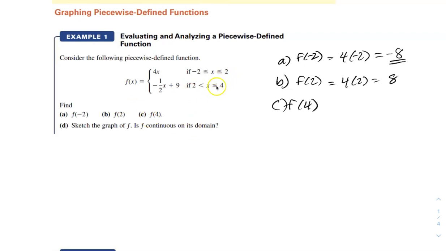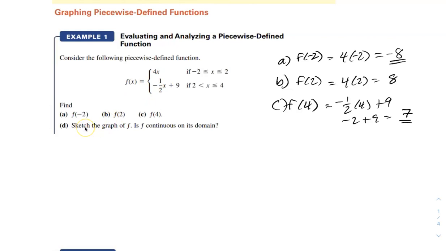So 4 goes for this bottom function here, right? X is less than or equal to 4, so this is where it holds. So I substitute into this function. You get -2 plus 9, which is positive 7. So that's how you evaluate on a piecewise function. You should only get one answer for each, and you just substitute into the corresponding function part.